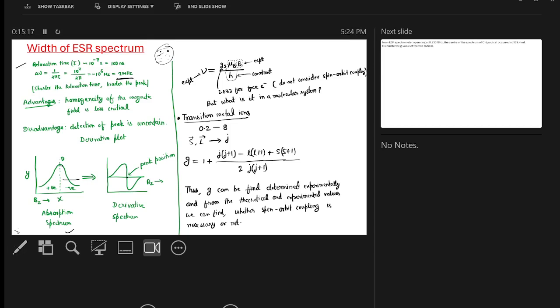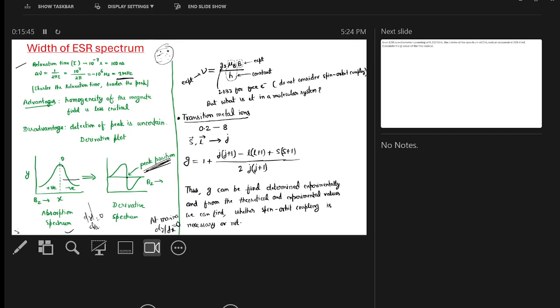At the maximum, dy by dx equals 0. So using this condition you can find the peak position easily, correct? By simply using the derivative technique you can assign the peak position.